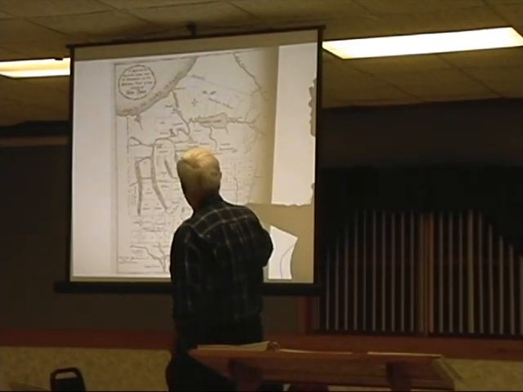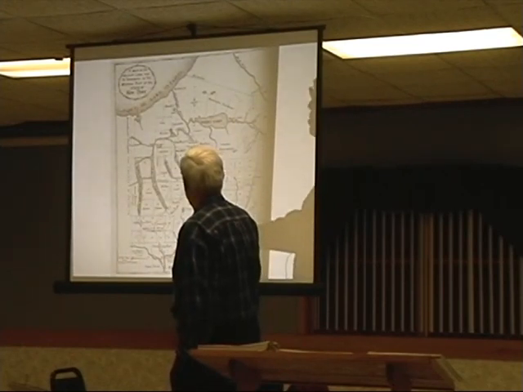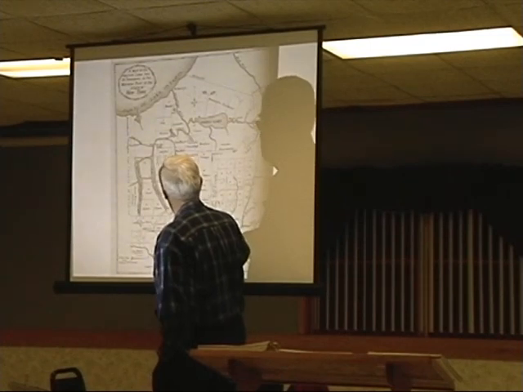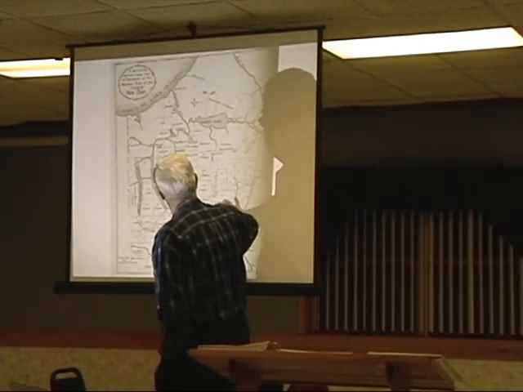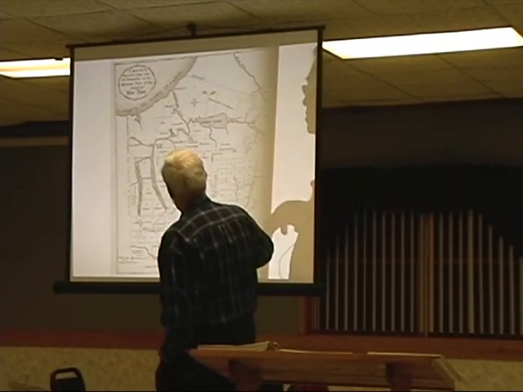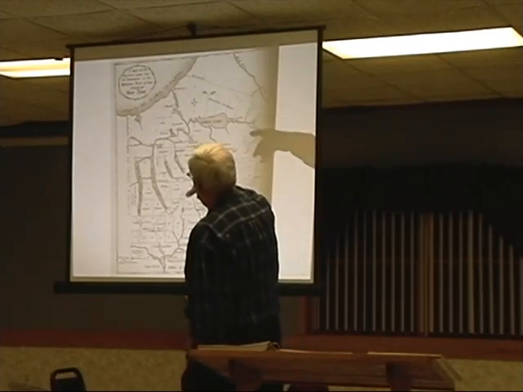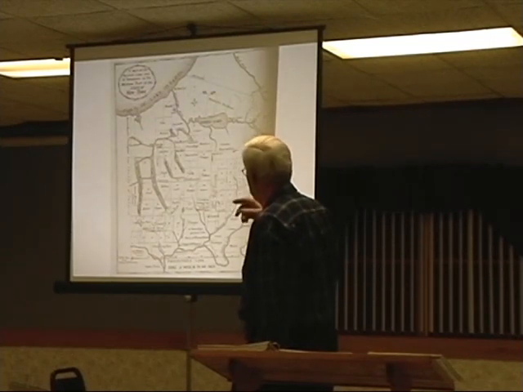What Watkins and Smith purchased, we'll talk about that a little more later, but all of this area formed the county of Tioga. This happened to be printed out to show the military, but we'll talk about that later too.